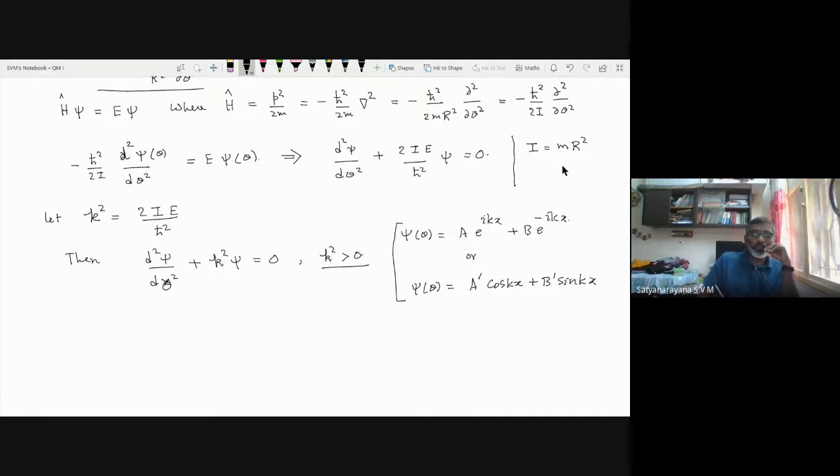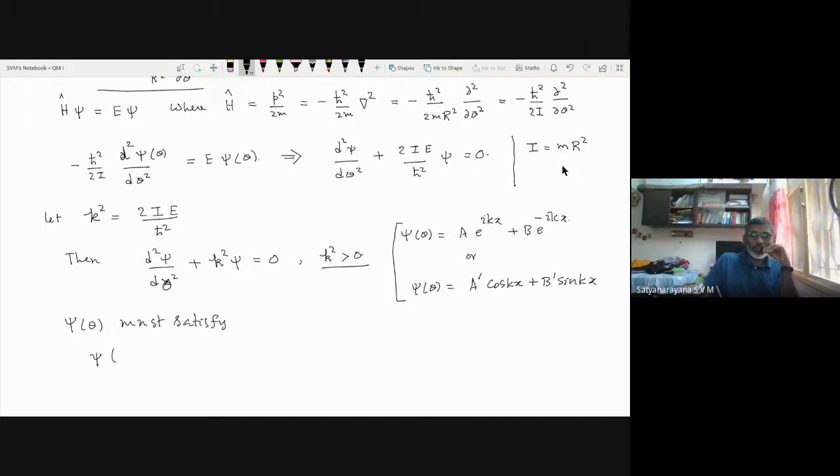Now here we have to ask, what kind of boundary conditions should we implement for this? Here the boundary condition is that since this is a ring, psi of theta must satisfy the periodic boundary conditions.